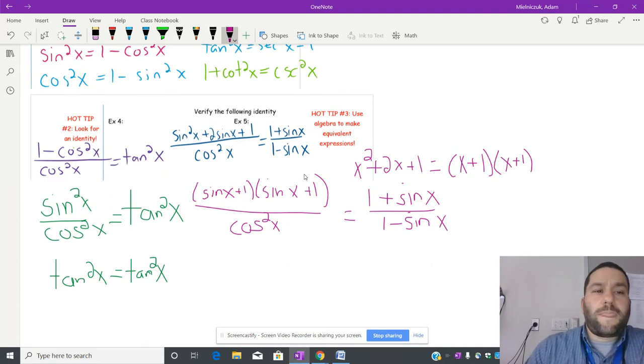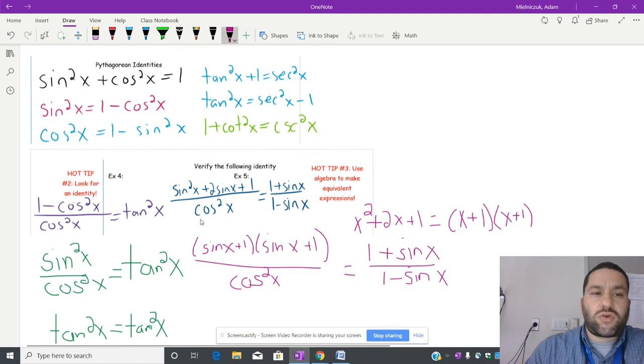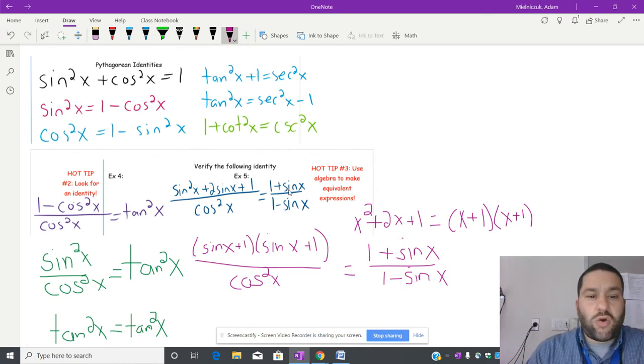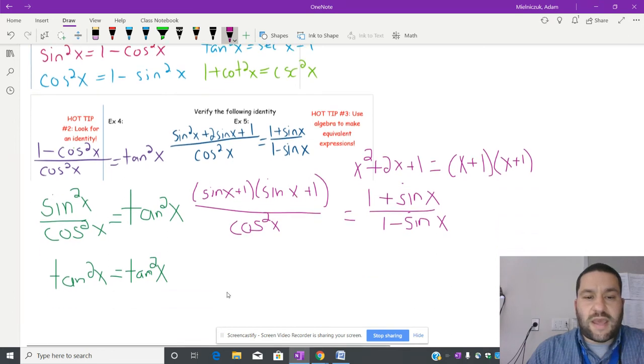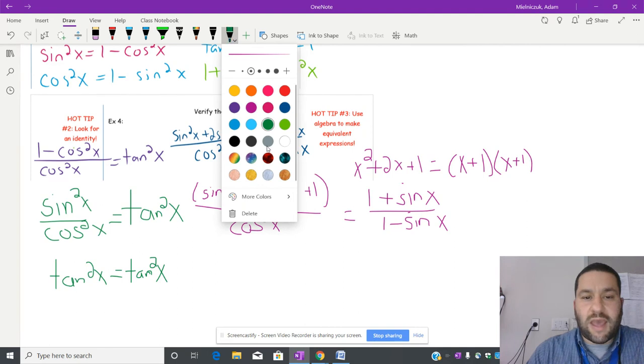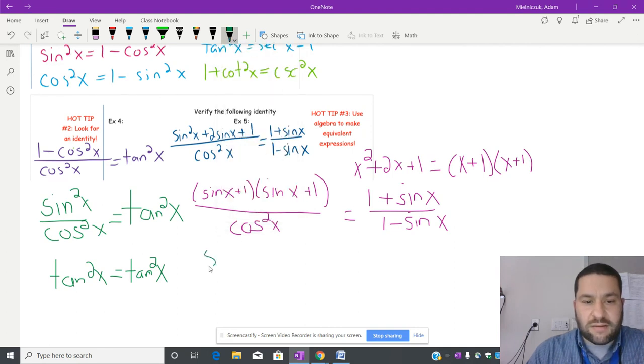All right, well, what do we know about cosine squared x? We should know that cosine squared x is the same thing as 1 minus sine squared x. So we can now rewrite this as the top we already had, sine x plus 1 times sine x plus 1, over, what did we say?